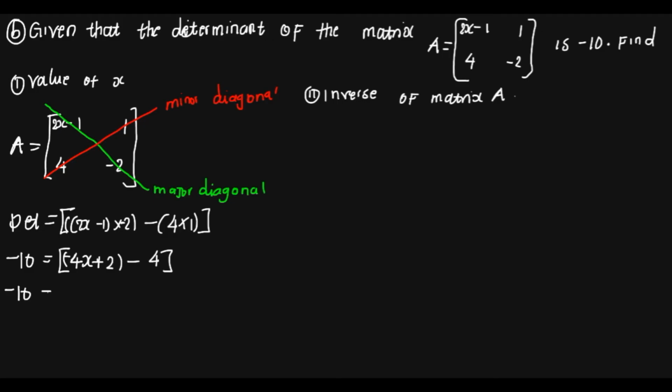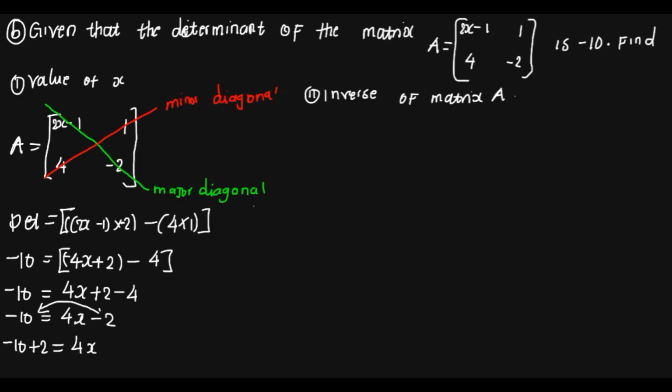So -10 is equal to, here we can see that we have -4x plus 2 minus 4. We can simplify it here. Here we can see that we are going to get -2. So since we subtract, then our -2 will shift to this side, giving us -10 plus 2 is equal to 4x.